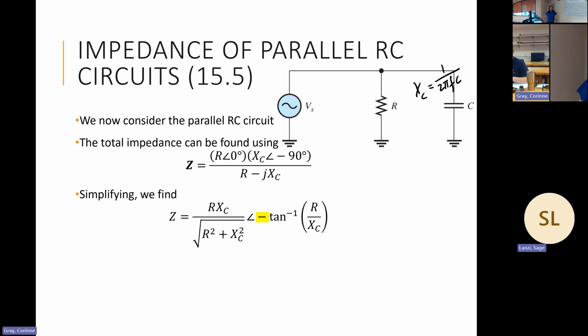It is negative inverse tangent of R over XC to find the value. The reason the equation itself needs to be negative is resistance has to be a positive value, and our XC value also has to be positive. But again, because there's going to be some lagging, we need that negative angle value.